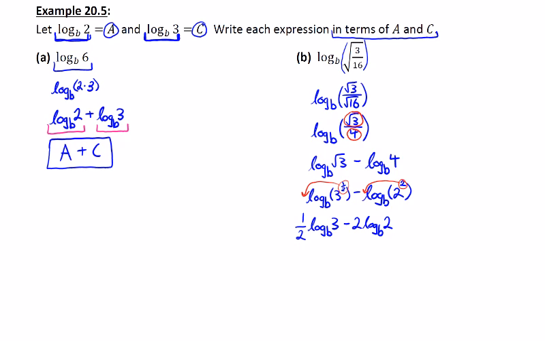And the whole point was to somehow get to where we would get a log base b of 3 and a log base b of 2 to appear from this expression. And that's exactly what we've done. So now I'll replace each of those with their respective letter. So this is going to say 1/2 times C minus 2 times A. And that gives us our expression in terms of A and C.